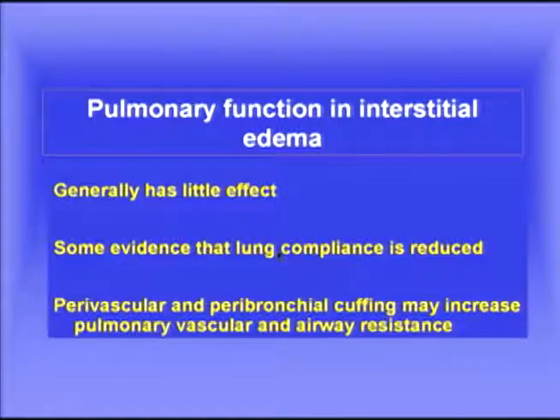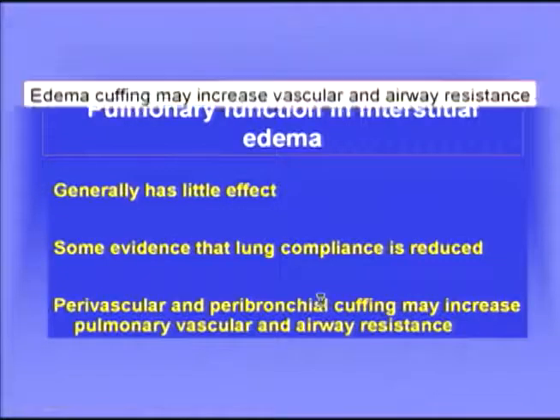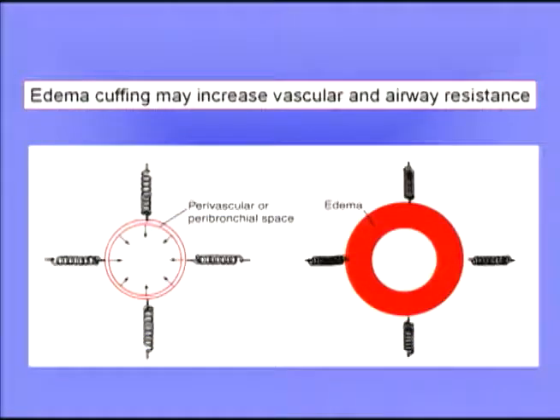The evidence is not all that strong, but probably the lung becomes a little bit stiffer. But there is evidence that both airway resistance and vascular resistance are increased, and probably this is because of the perivascular and peribronchial cuffing that we saw earlier on. And here's a diagram just showing how this could occur. Here you've got a potential perivascular or peribronchial space.